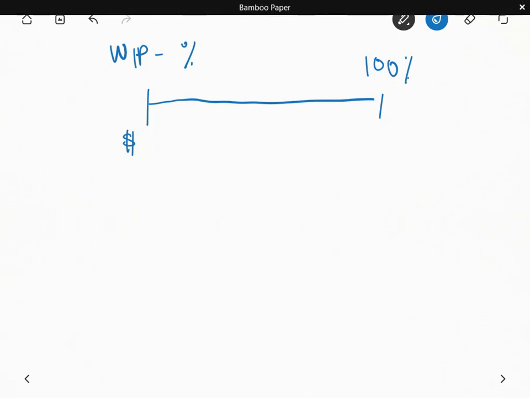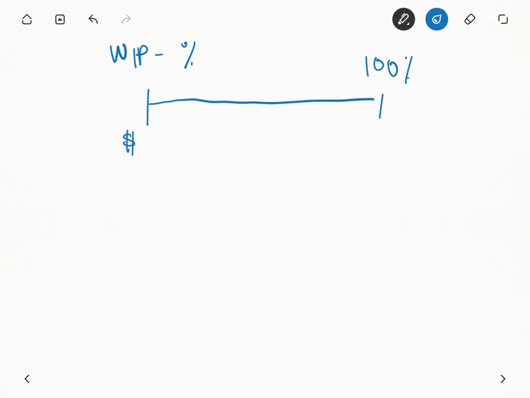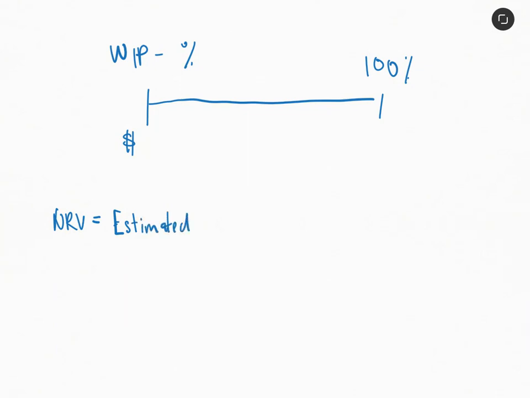Yes, under IAS 2 Inventory. The formula for net realizable value: estimated selling price minus further processing costs minus selling, marketing, distribution costs.